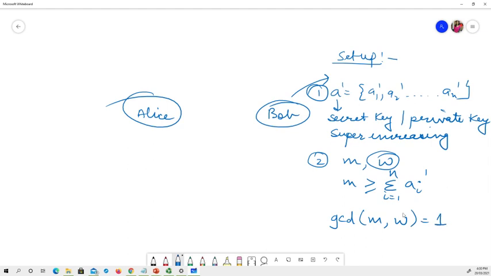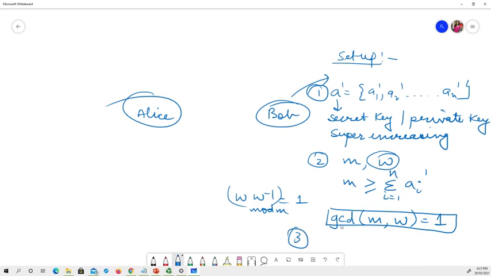Once we get this, which means that if the GCD of M and W is 1, remember that if the GCD of two numbers is equal to 1, then the modular inverse exists, such that W times W inverse, under modulus M operation, should be equal to 1, because the GCD of M and W is equal to 1.